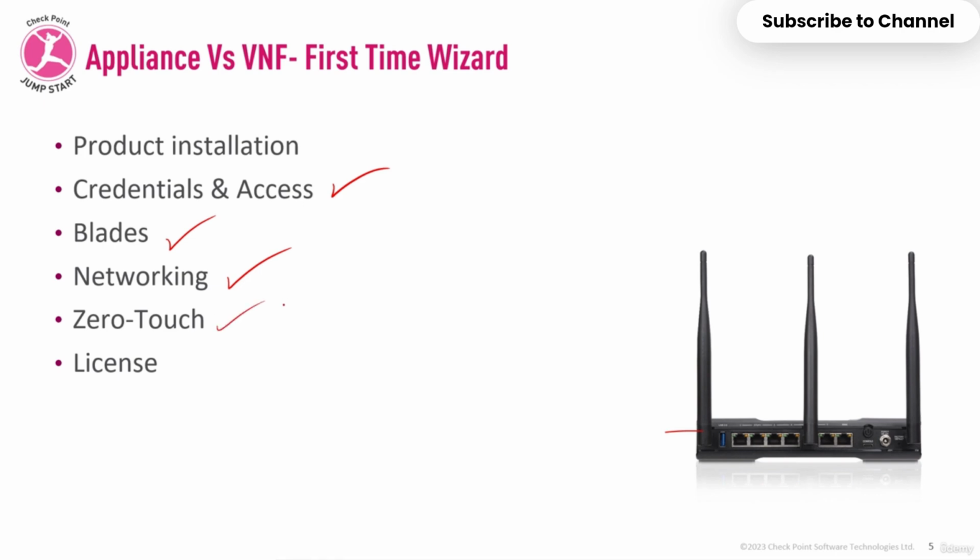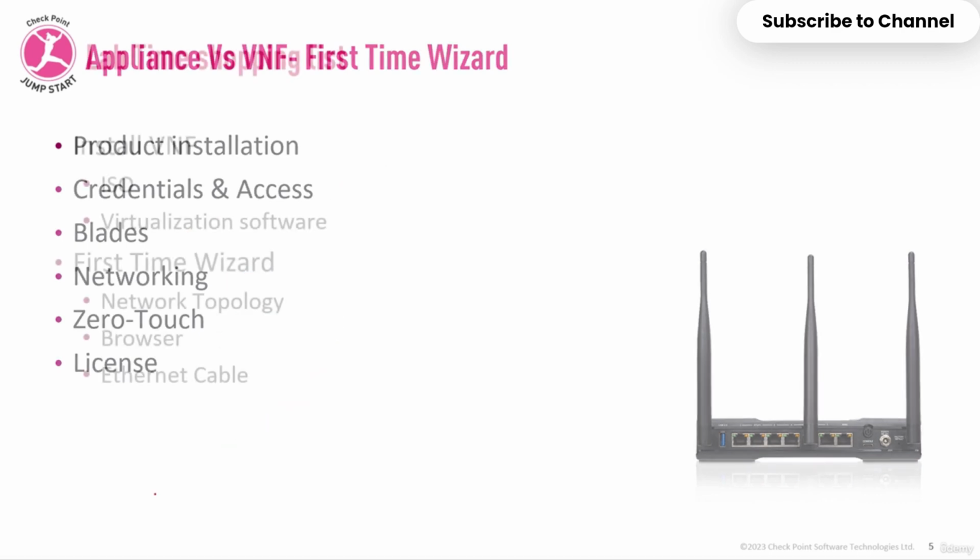Set up zero touch, or actually that's the time to use zero touch if you've configured that. And also, if you have internet connection, you're going to obtain the license automatically. If not, you can do it offline or just set it up later as well. So all of these settings will be configured during the first time wizard.